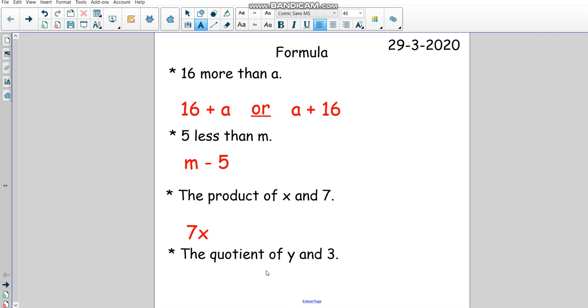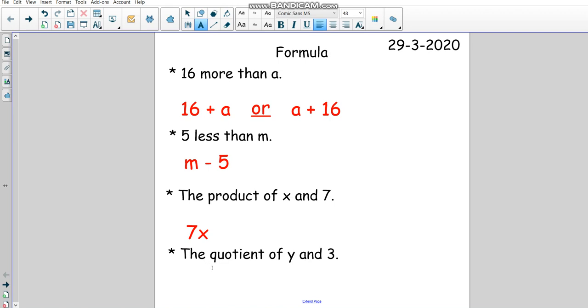The last example, the quotient of y and 3. The quotient means division. Once I'm using division, I'm using the division sign. Again, to write the division sign, it's correct.